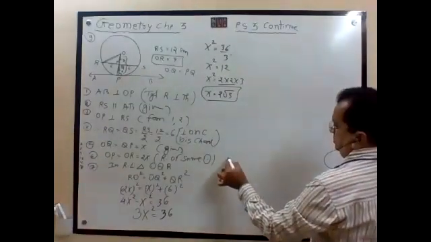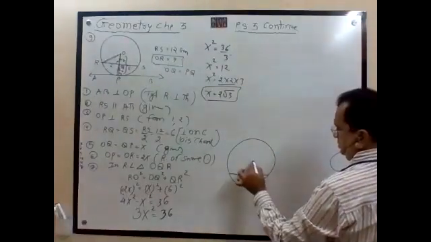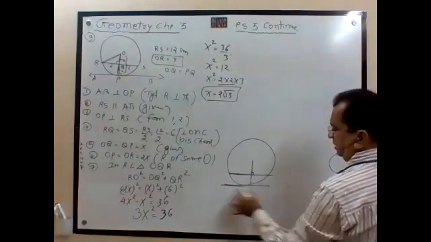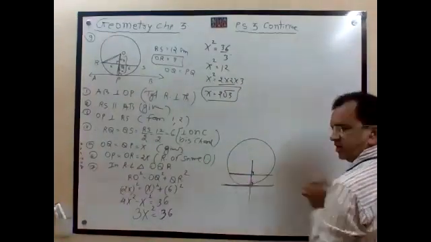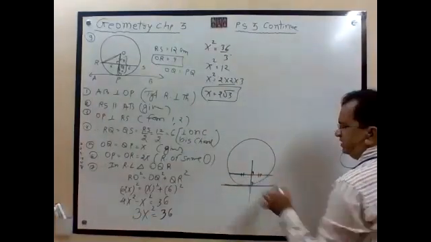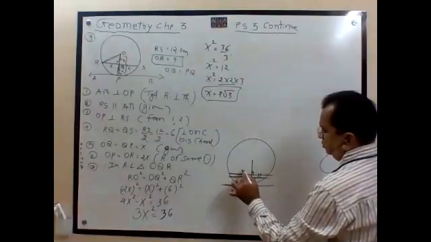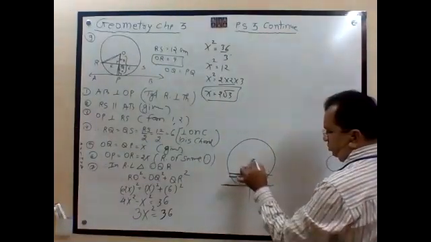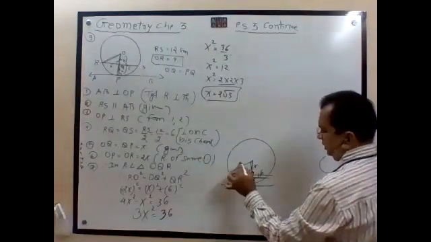Again, these and these are parallel, given. If it is perpendicular here, it is perpendicular here. And on a chord, when it is perpendicular, always it is a bisector. So these two total are 12. So this is 6. This is 6. This I have considered X because they have given both are equal. So total radius is 2X. So this is 2X.